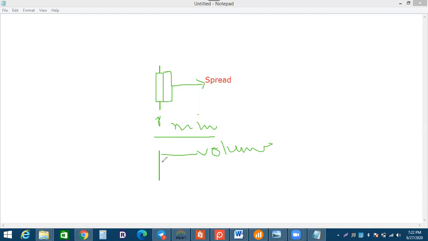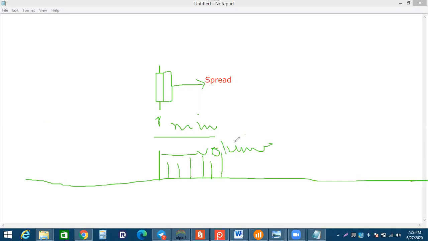Volume bars always appear below the chart. These types of volume bars you will see in the chart. Some bars are low average, some bars are high average, some bars are ultra high volume. Okay, so if the bar is very high, we can say that is ultra high volume. If the bar is low, it shows that there is low volume, below the average. So how can we take the average of the volume?